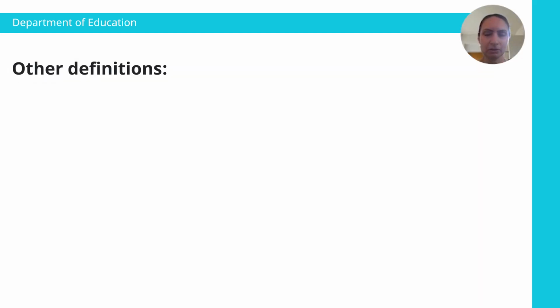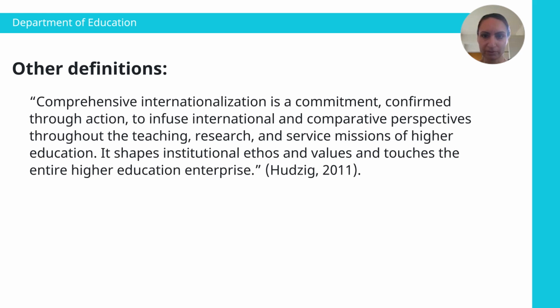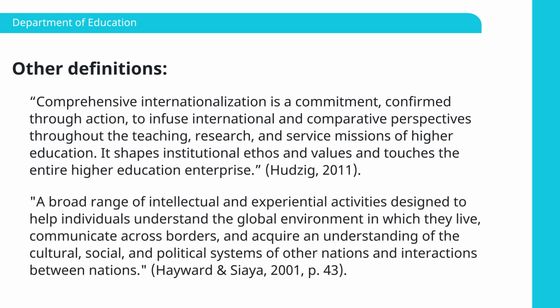Okay, so there have been lots of definitions of internationalisation of education, and these are some examples here from different authors. If we look at the first definition, there's a concept known as comprehensive internationalisation, and Hudzig said it's about infusing international and comparative perspectives through teaching and research. The second one focuses on activities, maybe activities that can be designed to help individuals understand the global environment in which they live and communicate across borders.